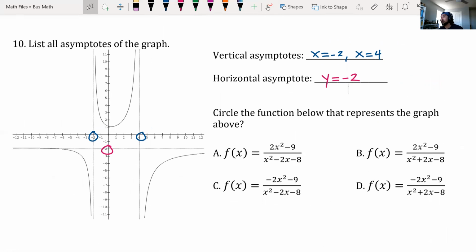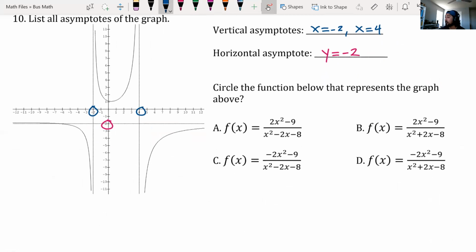So remember that vertical asymptotes come from your denominator. If I were to take my vertical asymptotes and put them back into polynomial form, let me just rewrite these real fast. x equals -2 and x equals 4. I would add the 2 back over to the x, and I would get x plus 2, and I would subtract the 4 back over to the x, and I would get x minus 4.